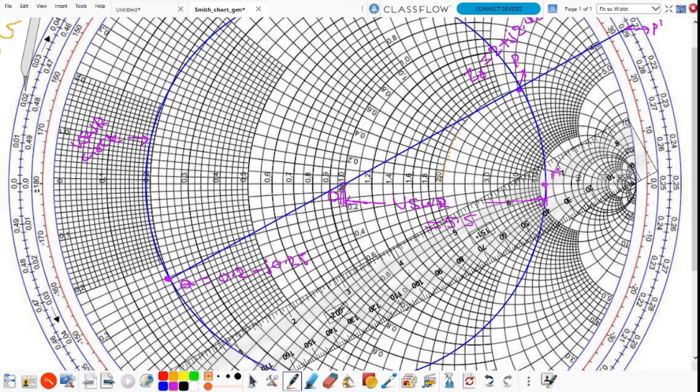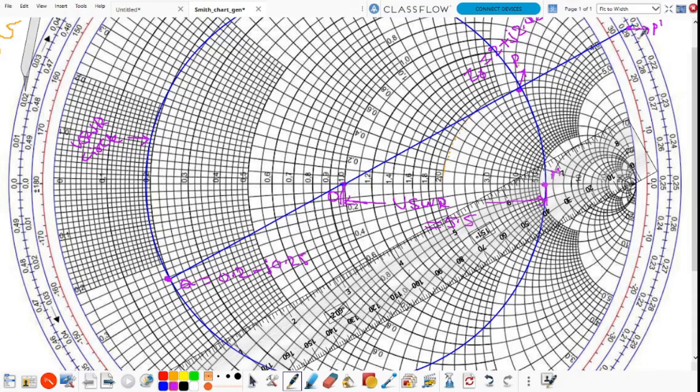This is the origin point and this is the point P. The line OP is extended to the outer circle. That extended line cuts the outer ring circle of the Smith chart. That crossing point is considered as P dash. This point P dash is called the load point.